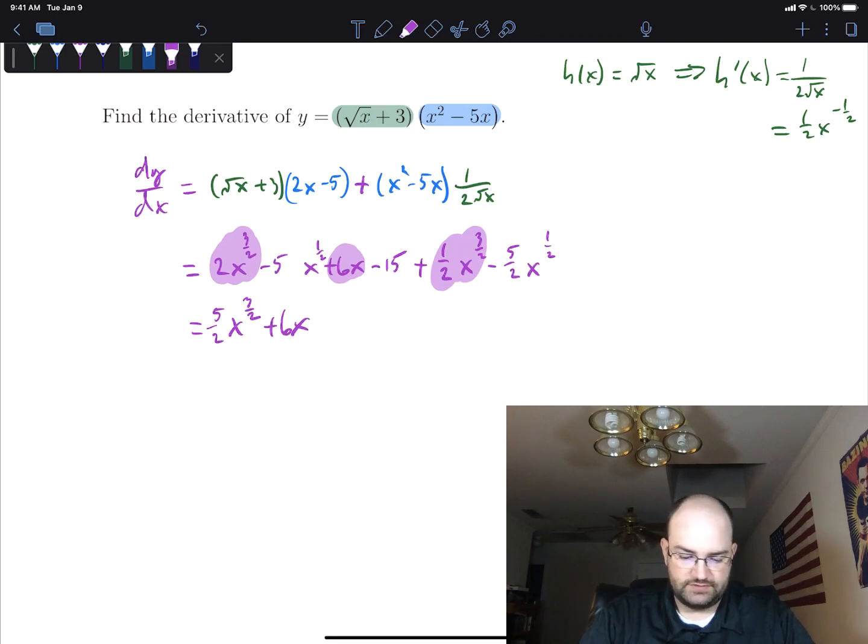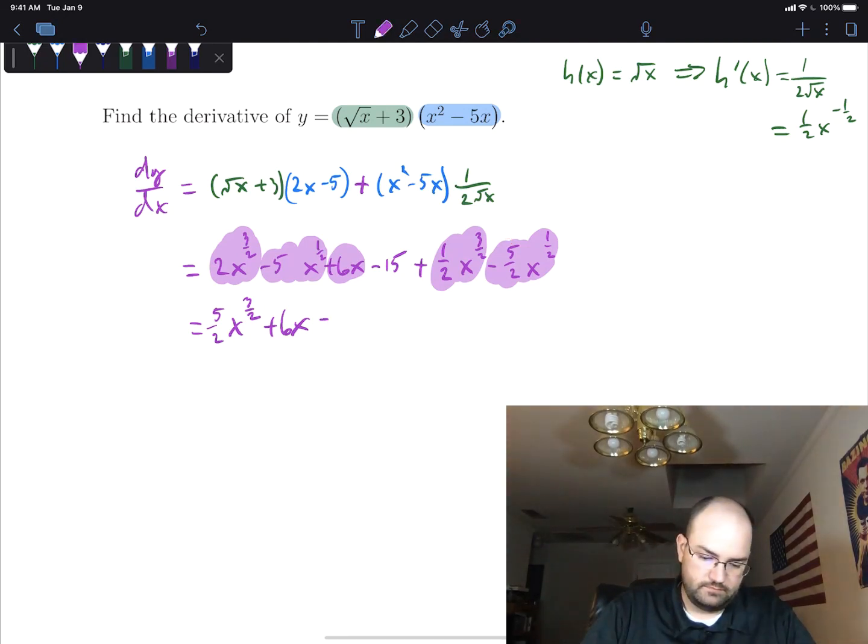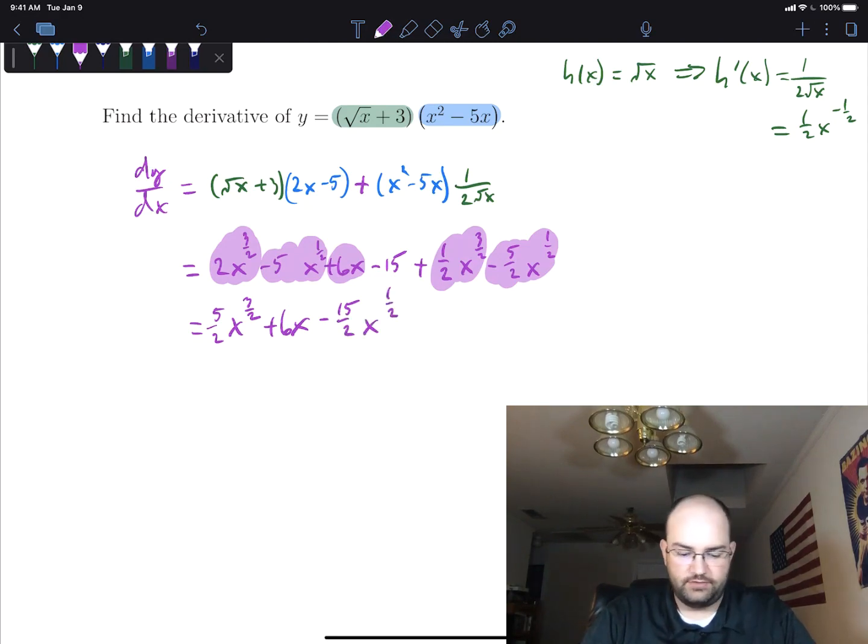Any half terms, or half exponent? Yep, one there, one there. So negative 5 minus 5/2 is negative 10/2, minus 5/2 is negative 15/2. Then x to the half power. And then just minus 15.